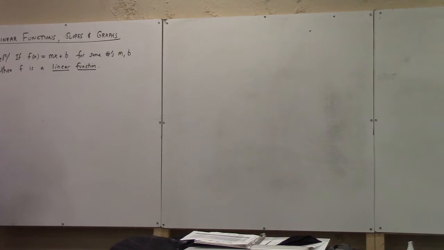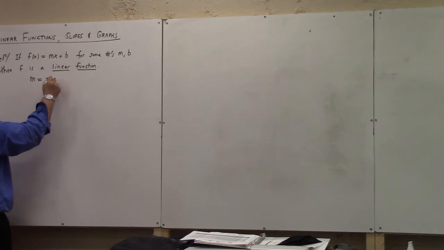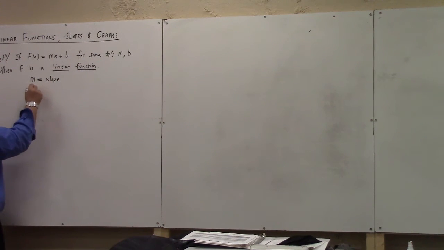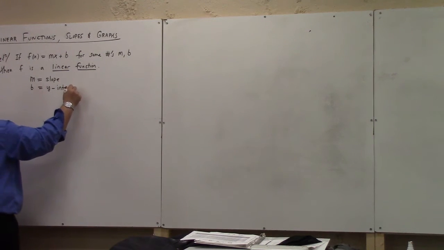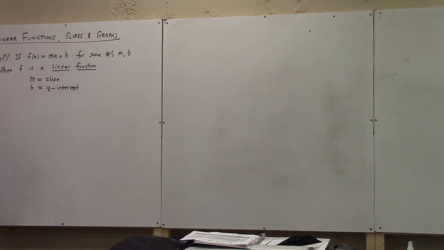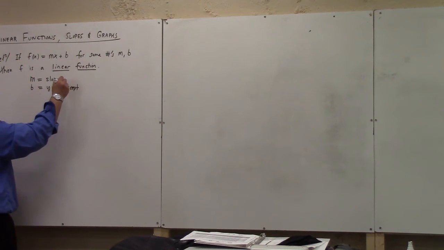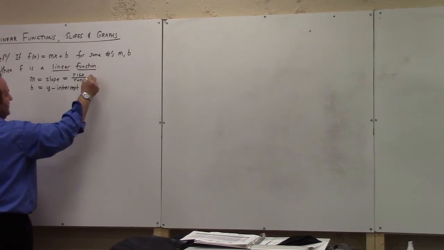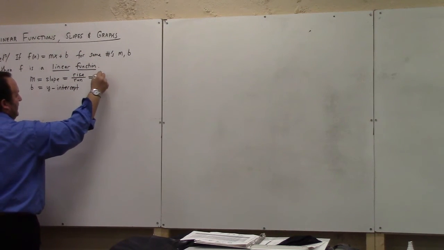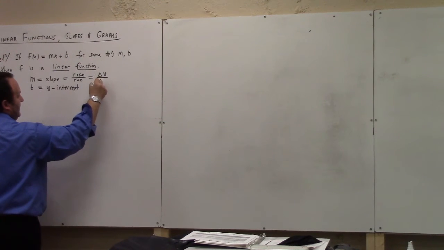Right? m equals the slope, and b is also equal to the y-intercept. The slope we can also understand as being equal to the rise over the run, which you could also write as the change in y over the change in x.